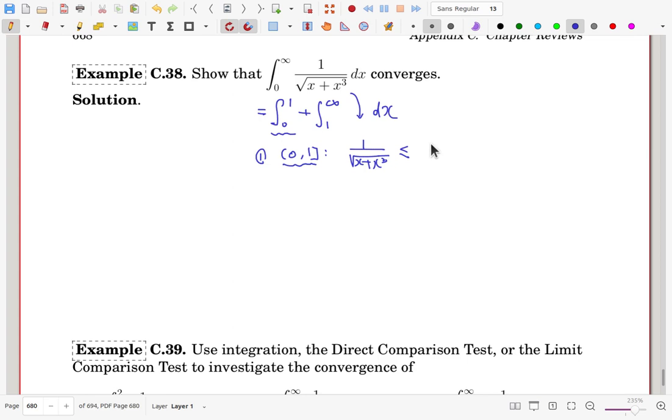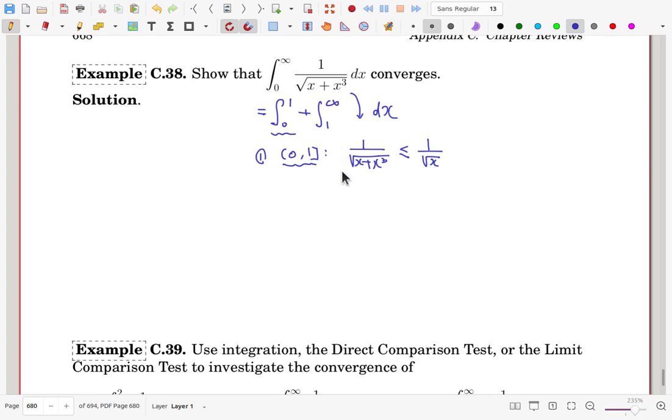So we may choose, for example, the square root of x. In the bottom, because of x cubed, if we consider only the square root of x, then that side is smaller, and its reciprocal is larger. So that side is larger, right?